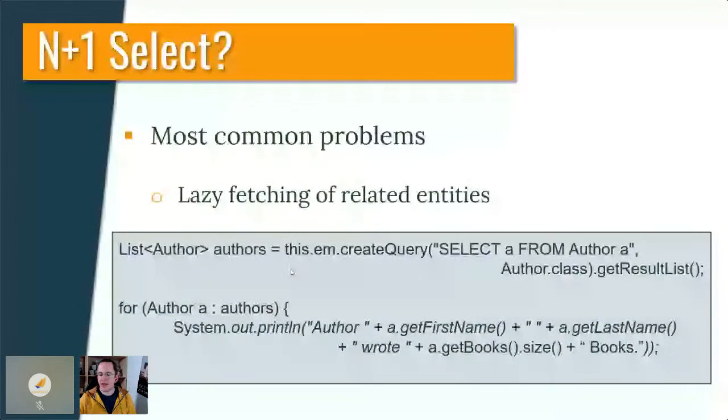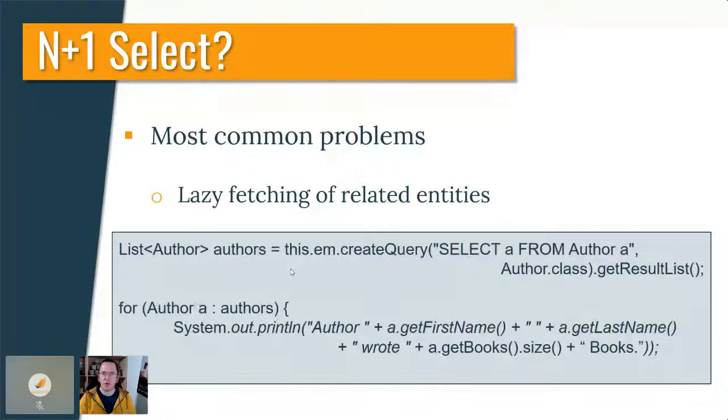When we are using FetchType lazy, we will run into another issue, and that is the n+1 select issue. And we saw that at the beginning of today's session when I had basically the same code that you can see here down on the slide, where we got a list of authors and then called the getBooks method to get all the books, and did something on the list, in this case called the size method.